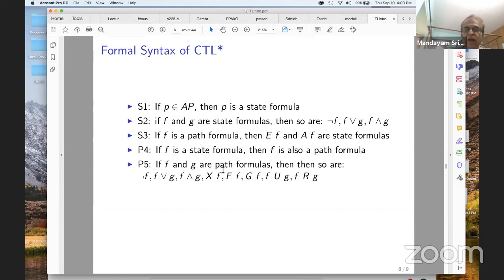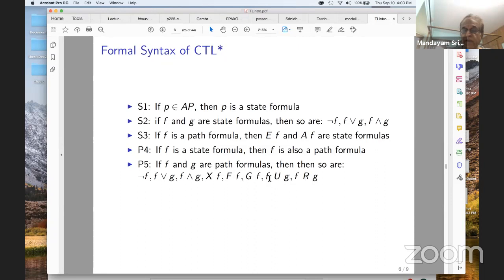If F and G are path formulas, then so are all of these things. You can take the negation, disjunction, and conjunction. And you can apply the linear path operators: X, the eventuality operator F, the forever operator G, and the until or the release operator.